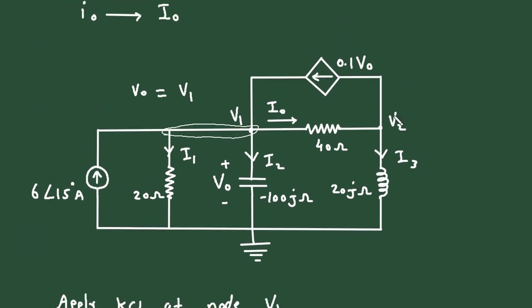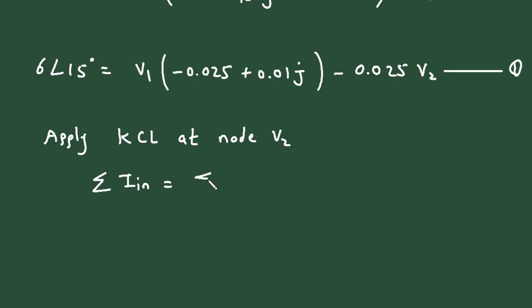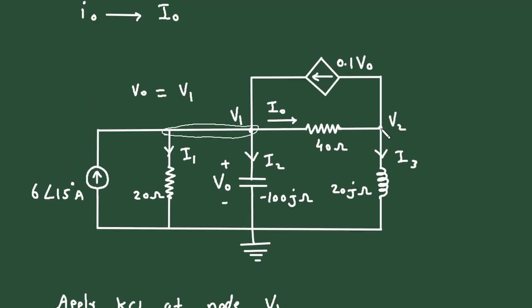Next, let's apply KCL at node V2. Again, according to Kirchhoff's current law, summation of all the currents entering a node is equal to summation of all the currents leaving the node. So here at this node the entering current is this Io.